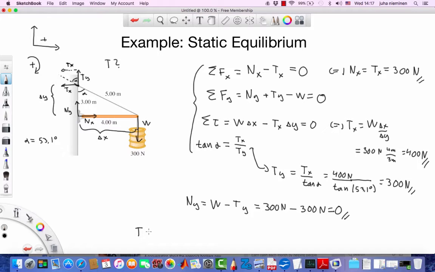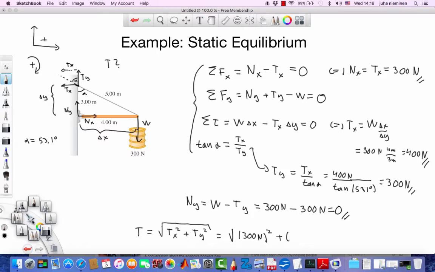The only thing left is to find the magnitude of t, so that's going to be the square root of tx squared plus ty squared. tx is, oh, there's a mistake, tx was 400, so that's 400 squared, and ty like I had here, turned out to be 300.